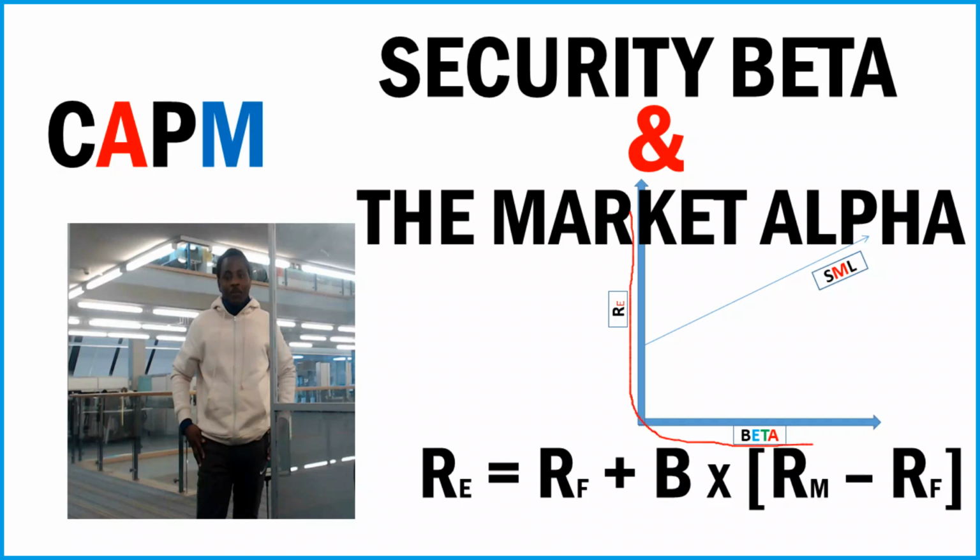This graph symbolizes the plots of the expected return against the beta coefficient, the risk factor of an investment. And here now is the region in which we have our risk-free rate.